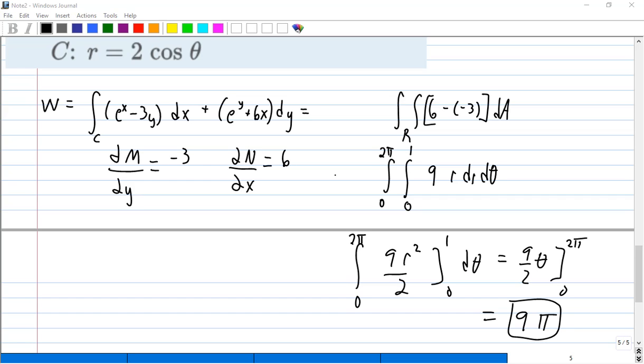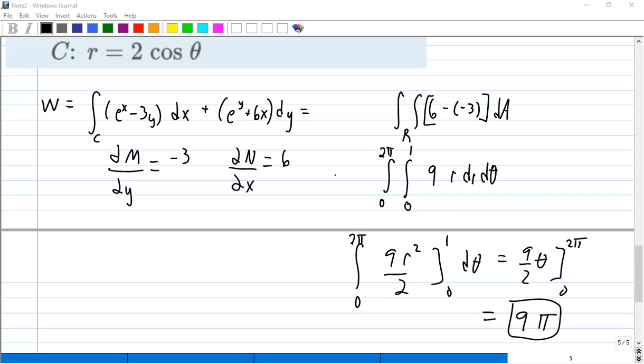Just one quick thing. Green's theorem and conservative vector fields. If you haven't noticed, for all these closed line integrals we've done with Green's theorem, we've gotten an answer of 0.